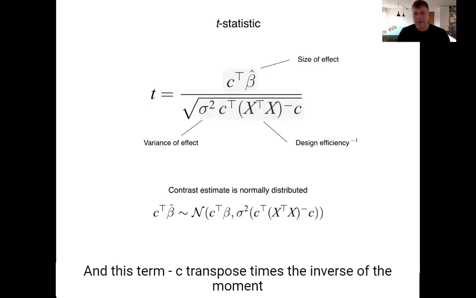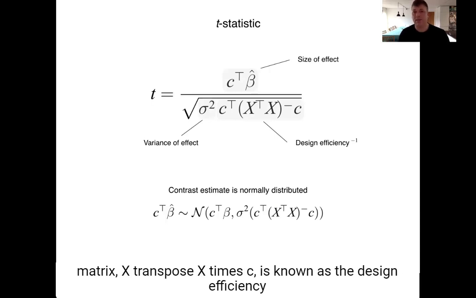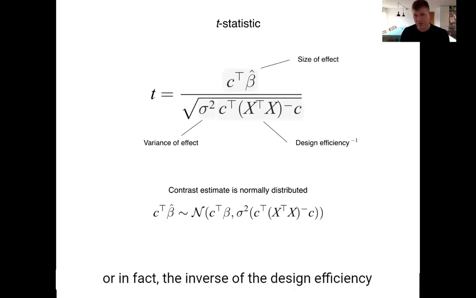And this term, C transpose times the inverse of the moment matrix, X transpose X, times C, is known as the design efficiency, or in fact the inverse of the design efficiency.